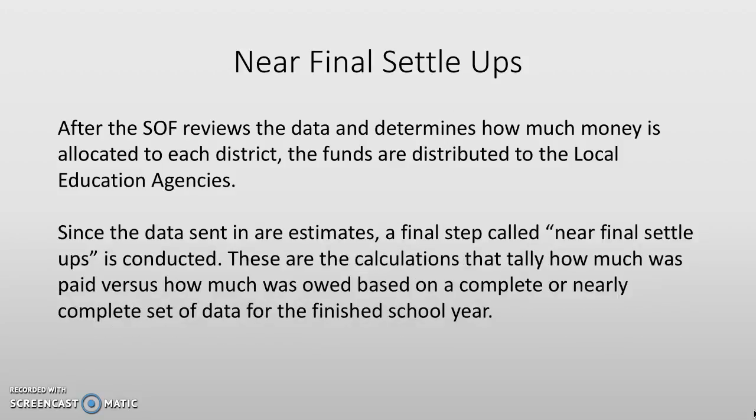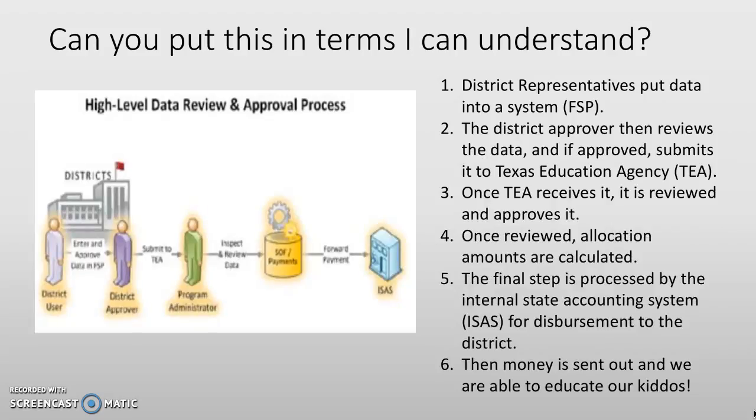After SOF reviews the data and determines how much money is allocated to each district, the funds are distributed to the local education agencies. Since the data sent in are estimates, a final step called near-final settle-ups is conducted. These are the calculations that tally how much was paid versus how much was owed based on a complete or nearly complete set of data for the finished school year.